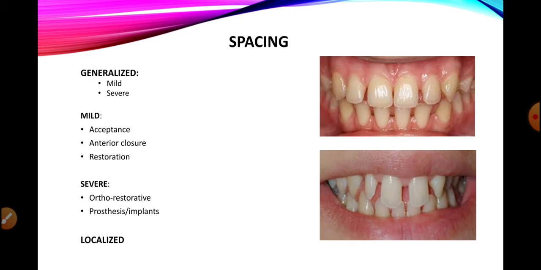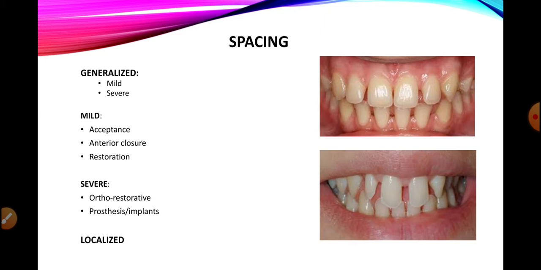Therefore, if the generalized spacing is milder in intensity, with very little space present between the teeth, the option lies in the acceptance of the generalized spacing or the closure of the anterior teeth together and putting the spaces on the posterior teeth. That can be easily maintained because the anterior teeth can be easily bonded with a fixed retainer.